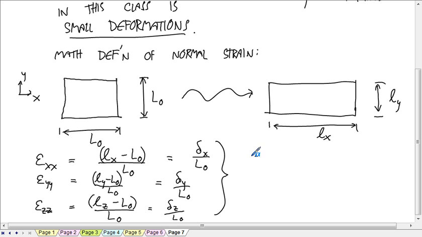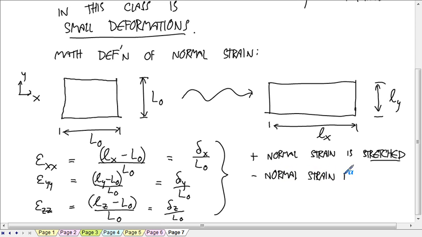So a positive normal strain is stretched. A negative normal strain is contracted.